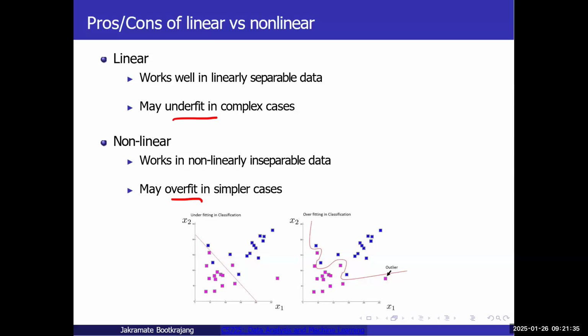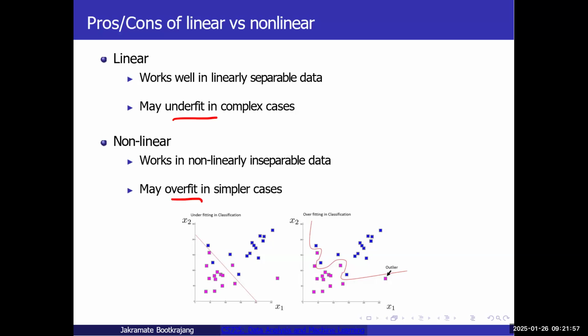But if you don't understand the data, what would you do? Which one would you pick? If you don't know anything about the data, like maybe someone just gives you the data and makes you create a classifier.